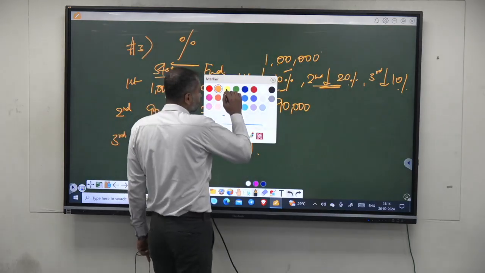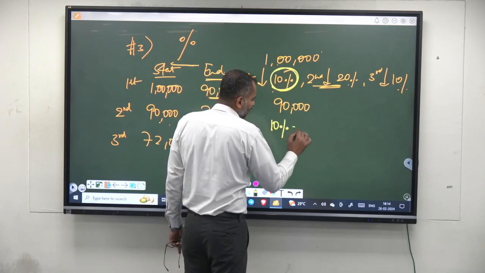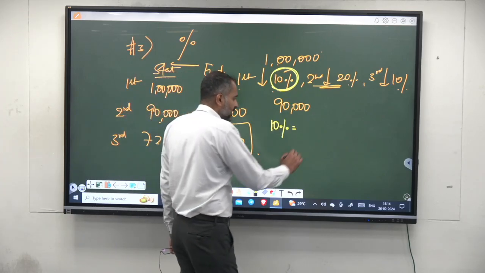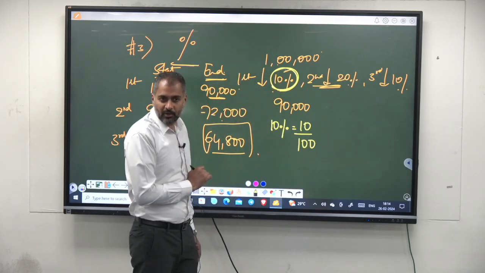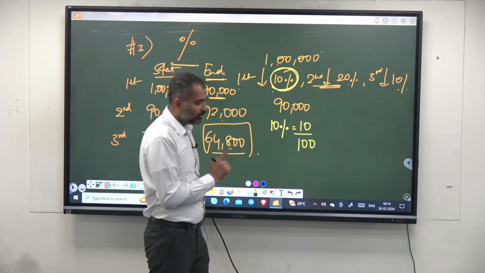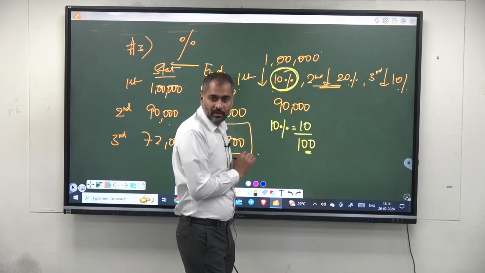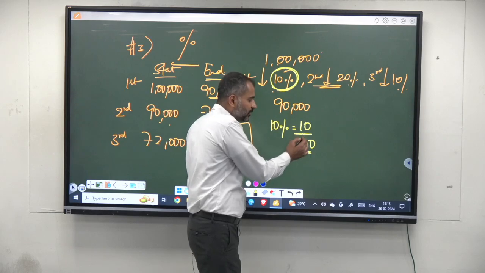Or else look here. 10% means, no need to copy anything. Look here, we will be doing this in a very detailed manner later. 10% is nothing but, can I say 10 by 100? Now, anything which is compared to 100 is called what? Percentage. That's it. Per 100 means for every 100.